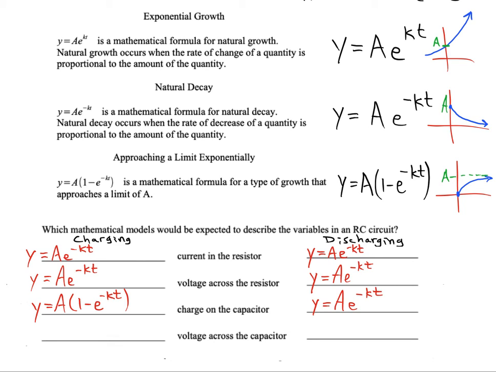When it comes to the voltage across the capacitor, when we're charging, we want to build that voltage up to a maximum limit. But when we're discharging, we want it to decay.